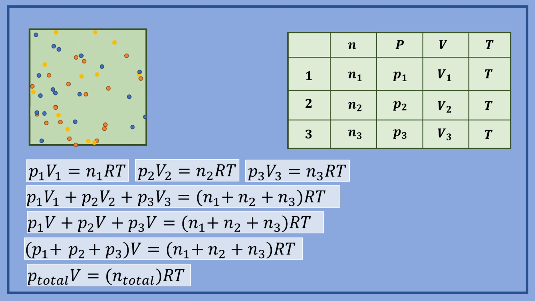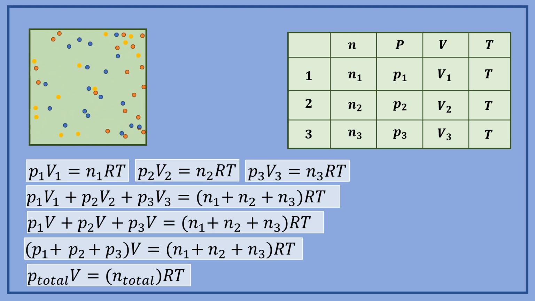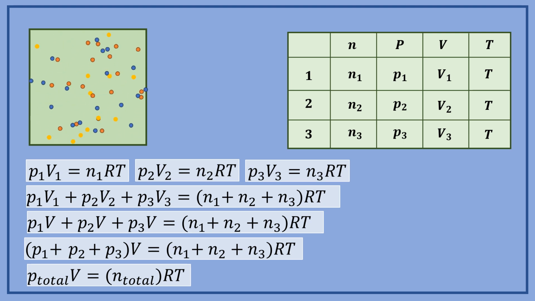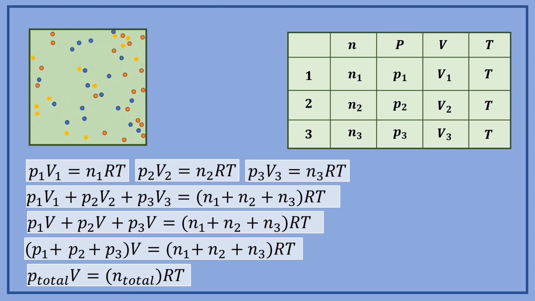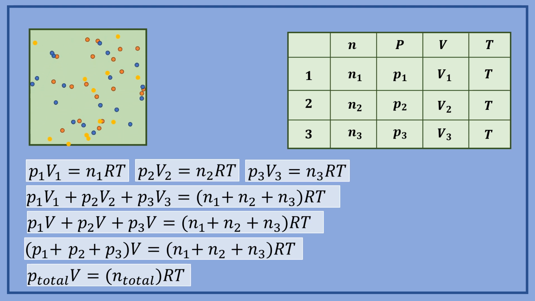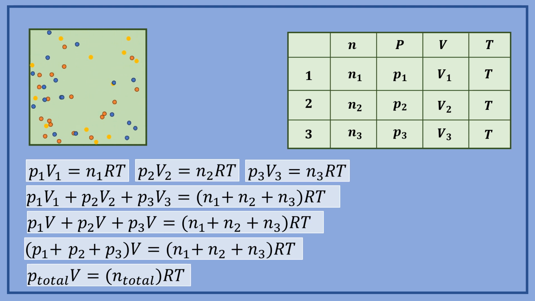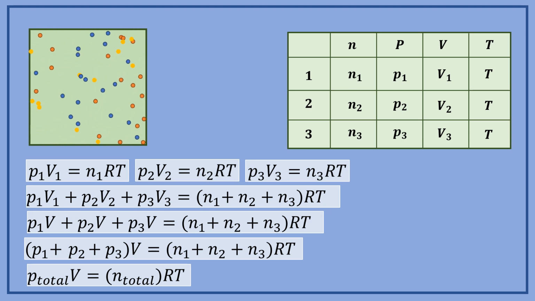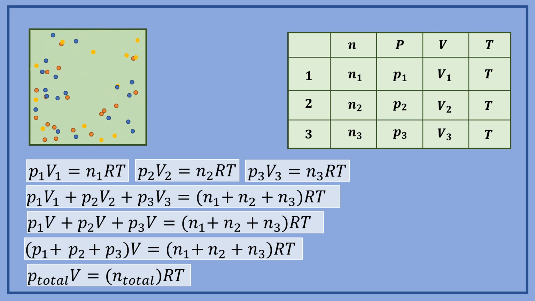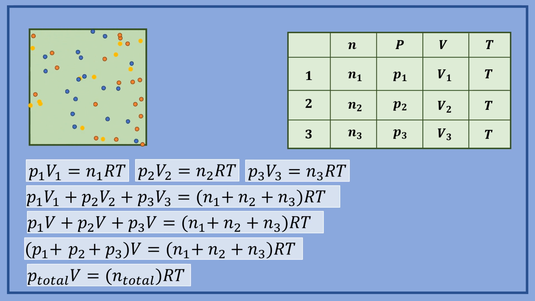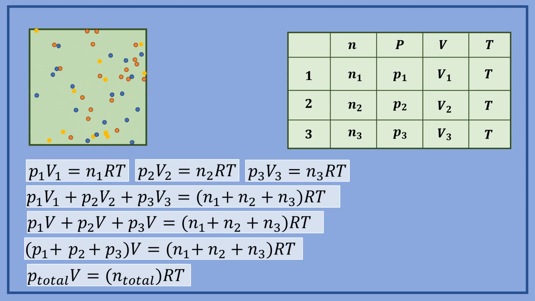It means that we can treat the entire mixture of gases as an ideal gas in which the total pressure exerted by this mixture will be equal to the sum of the individual pressures exerted by each of the gases. And this very statement is the statement of Dalton's law of partial pressure.